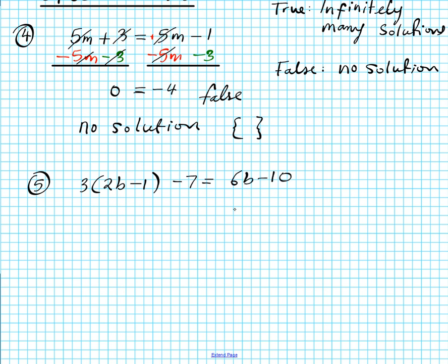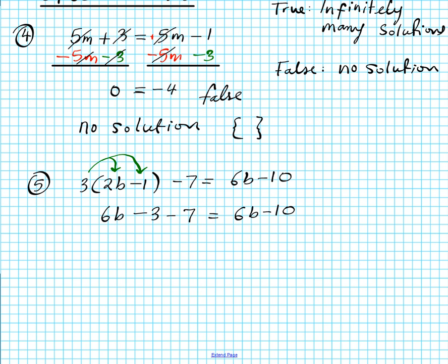I want to get rid of the parentheses first by distribution, and then we can go on from there. Whenever I have parentheses, we're going to deal with that first. So I'm going to distribute the 3 to this term and that term. So 3 times 2 is 6b, minus 3 times 1 is 3, minus 7 equals 6b minus 10.